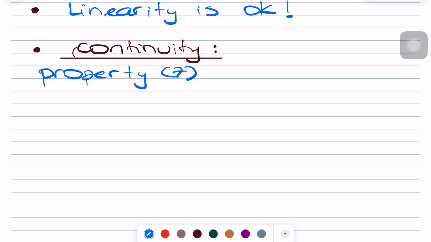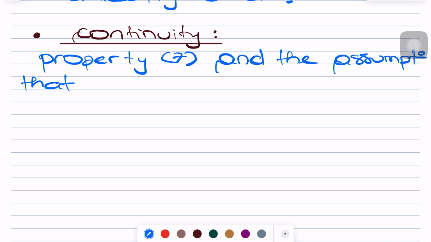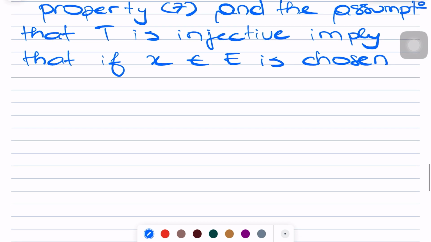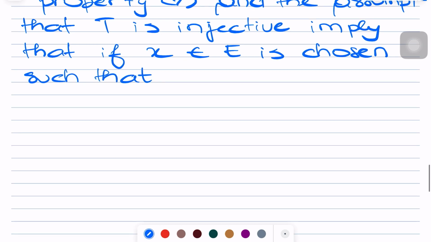And the assumption that T is injective implies that if x in E is chosen such that the norm of Tx in F is strictly less than C, then the norm of x is necessarily strictly less than 1.